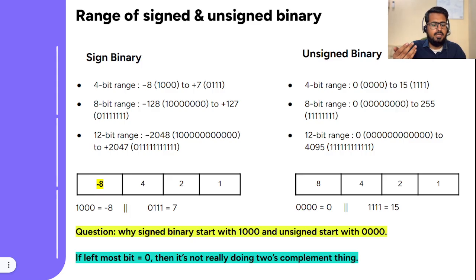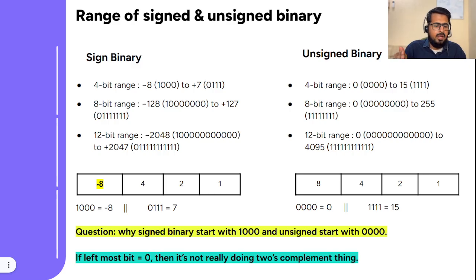Now the question is, in an unsigned or normal binary, if we want the minimum value we just use 0000. Why in a signed binary do we put 1000 for the minimum value? The reason is we want the least negative number. We know the leftmost bit is a negative number in a signed binary.